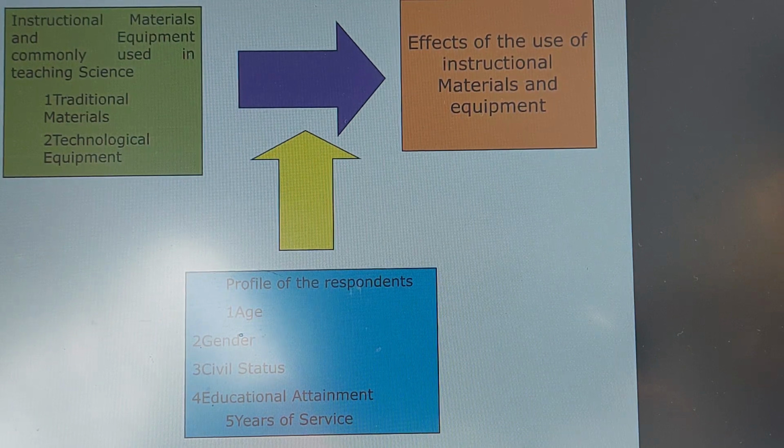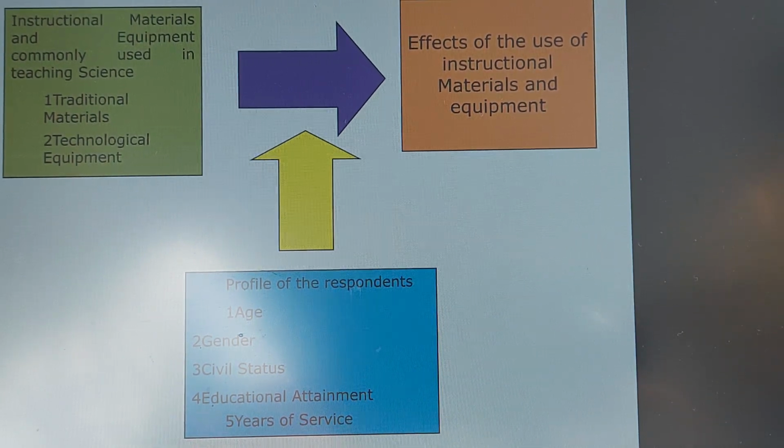The profile of the respondents, like usually the indicators: the age, the gender, status, the educational attainment, years of service, then what's the connection to the instructional materials and equipment, common cost of teaching science, especially if your study is more on the effect of the use of instructional materials and the equipment.